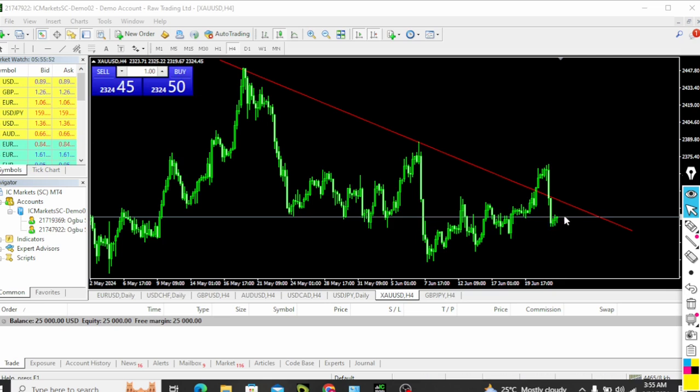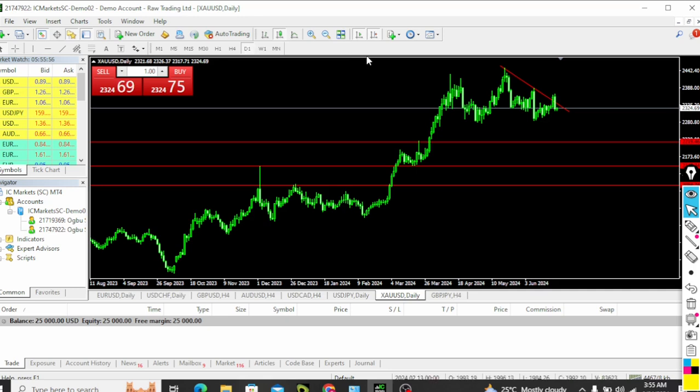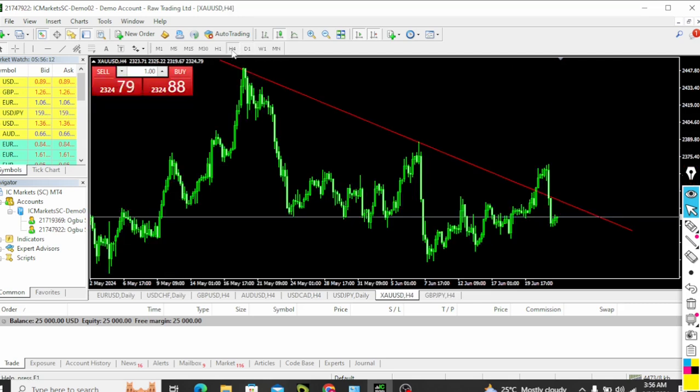So I'm expecting that this pair is going to sell massively, and let's assume we sell, where are we likely to take our profit? We are expecting to take our profit at the nearest key resistance area. So that is where we are going to take our profit.